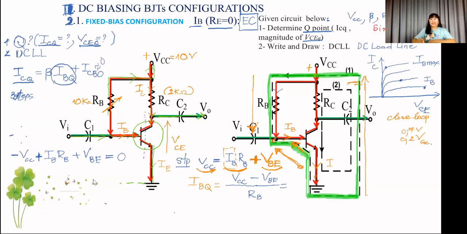And this is VBE, the voltage on the emitter junction. And when the junction is forward, it is at least a constant 0.7 or 0.2, very small. In comparison with the VCC, I can put VCC divided by RB only. This is step 1.